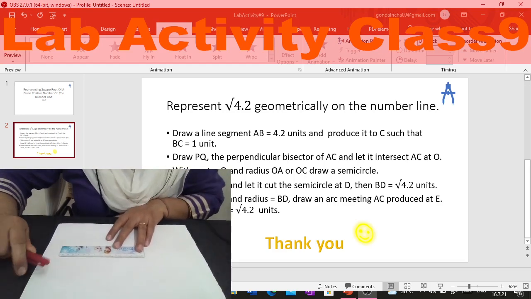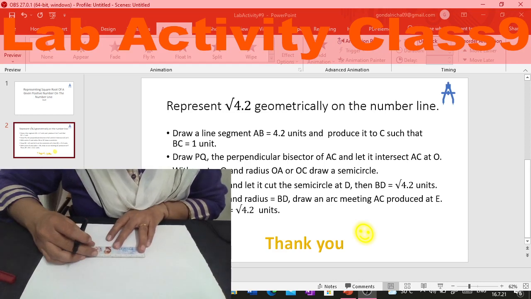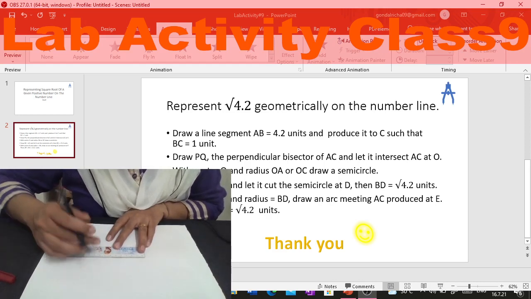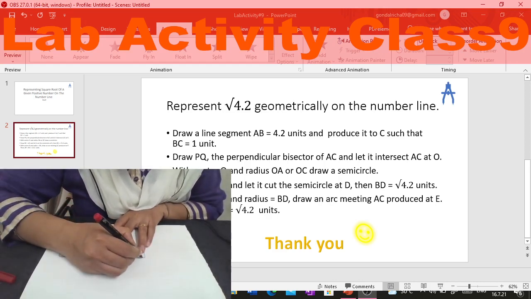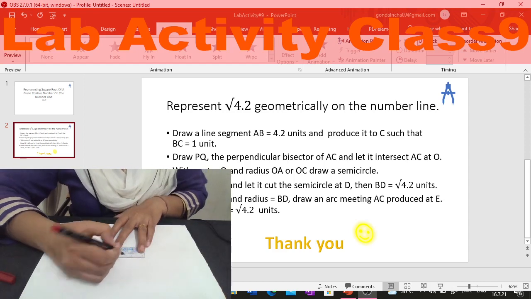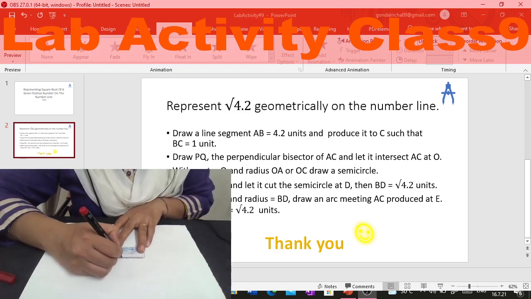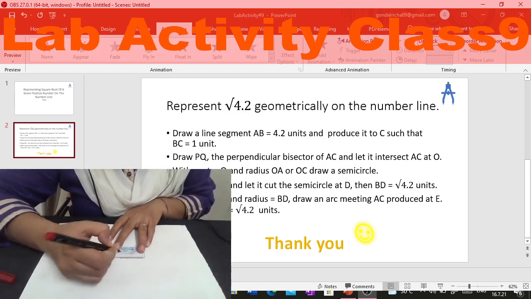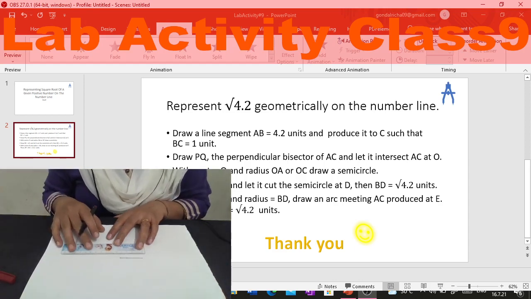So here I am first drawing a line segment AB which is of 4.2 centimeter like this.